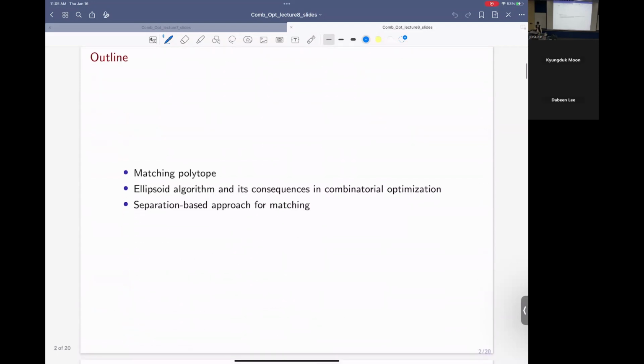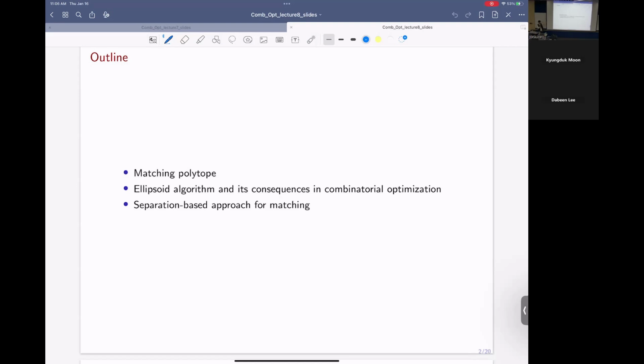So the matching polytope, and I'm going to talk about the ellipsoid algorithm that shows that if you can solve the separation problem in polynomial time, then you can solve the corresponding optimization problem in polynomial time. That complexity connection is done by the ellipsoid algorithm.